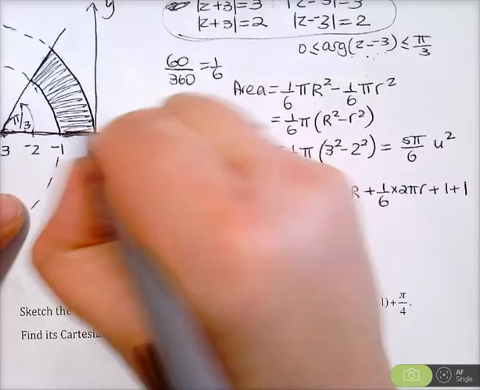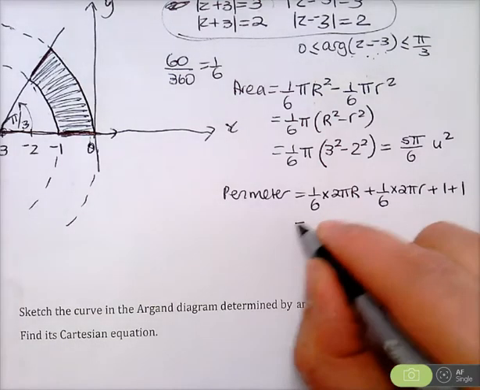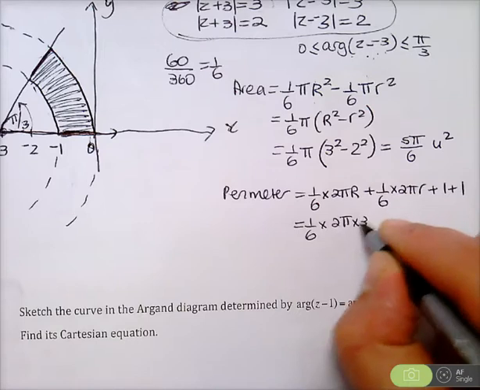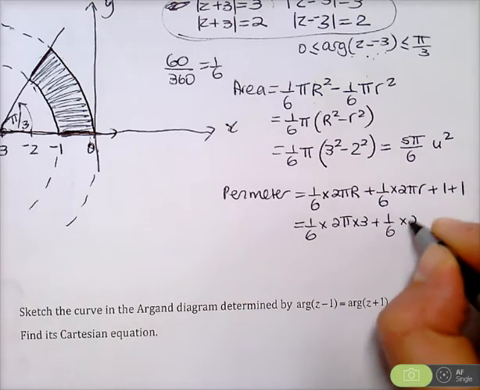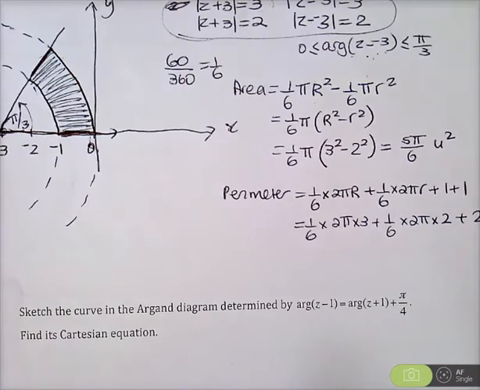That bit is 1 unit, same as that bit, 1 unit. So it's 1/6 times 2 pi times 3 plus 1/6 times 2 pi times 2, plus 2.